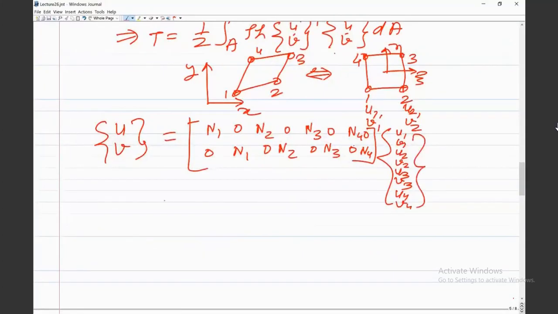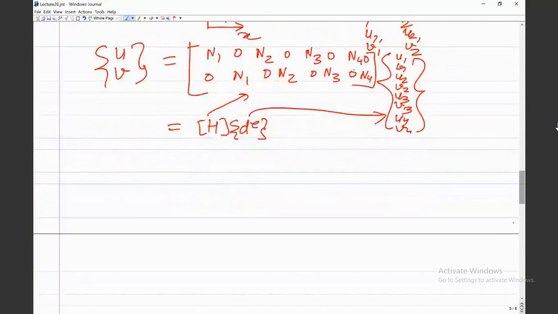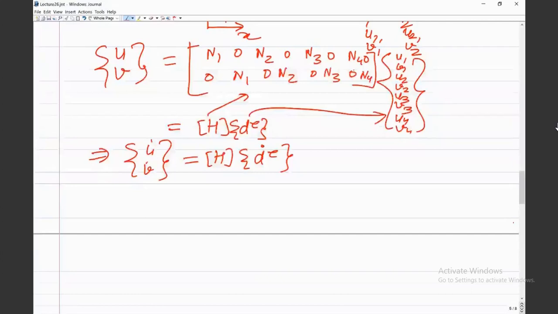So this you can write as H into dE, and the shape functions in terms of xi and eta for a 4-noded isoparametric element you already know. From this you can write your u dot and v dot as basically H into d dot. And once you have this, you can write the expression for kinetic energy.